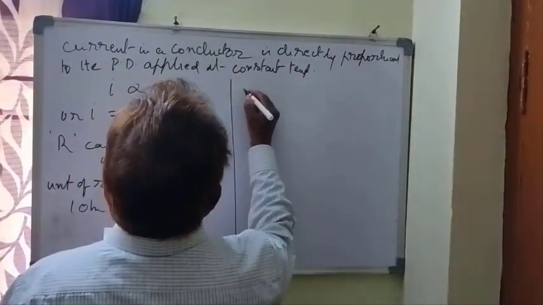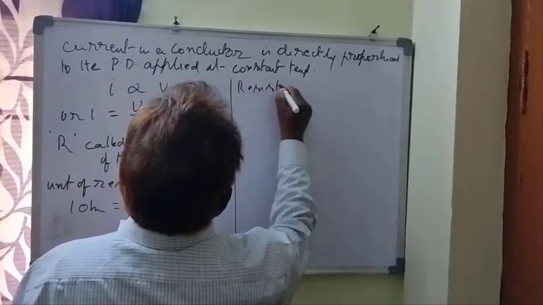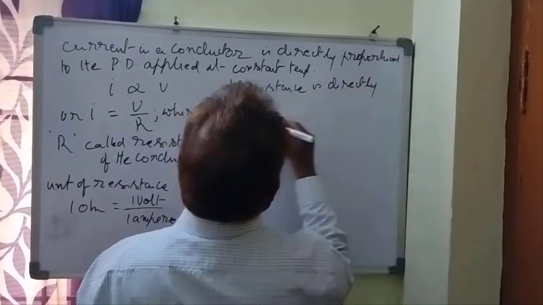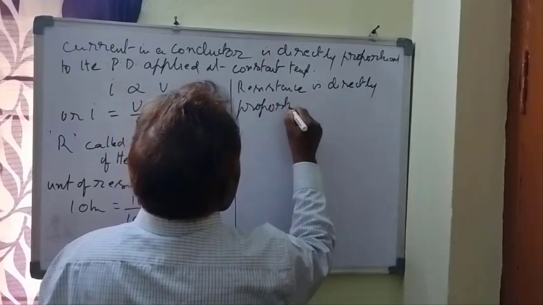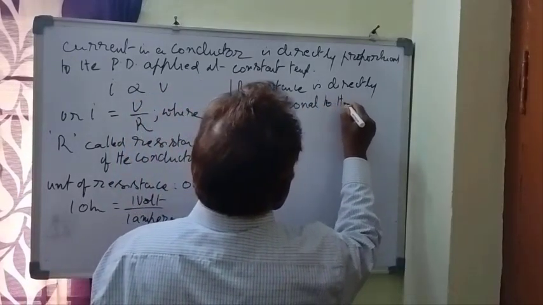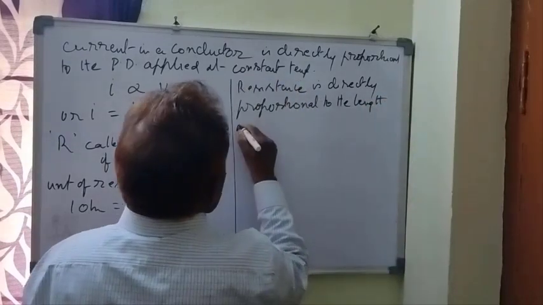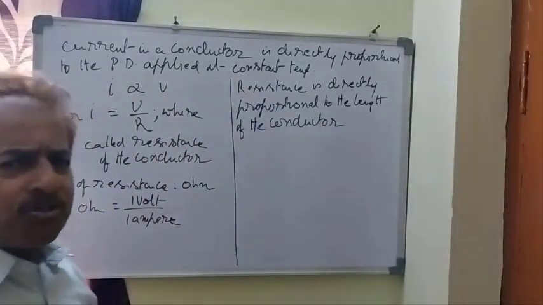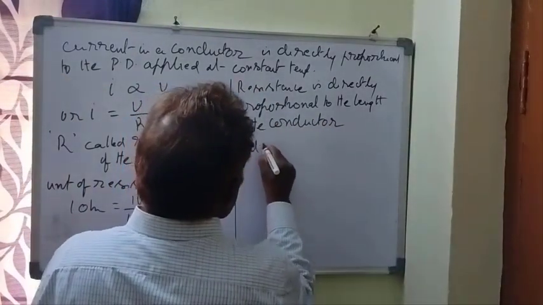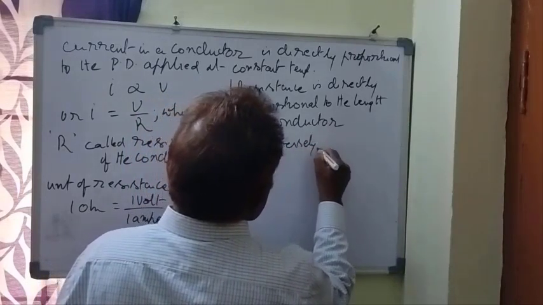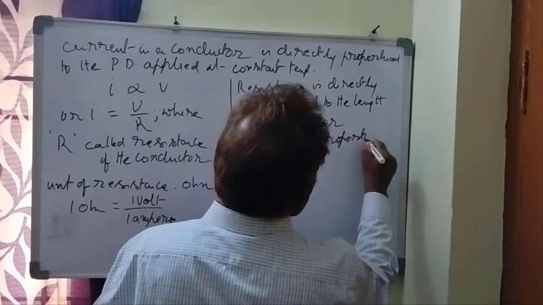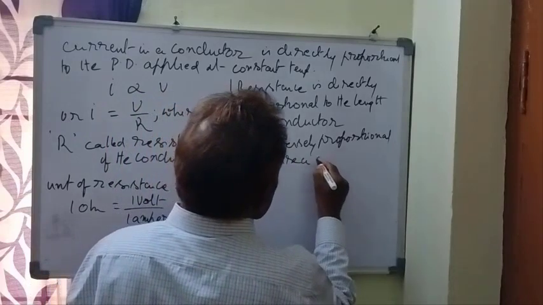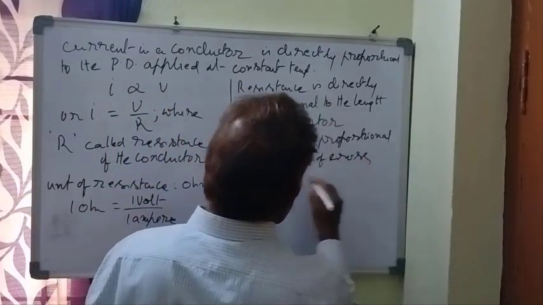Now, resistance is directly proportional to the length of the conductor and inversely proportional to the area of cross section of the conductor.